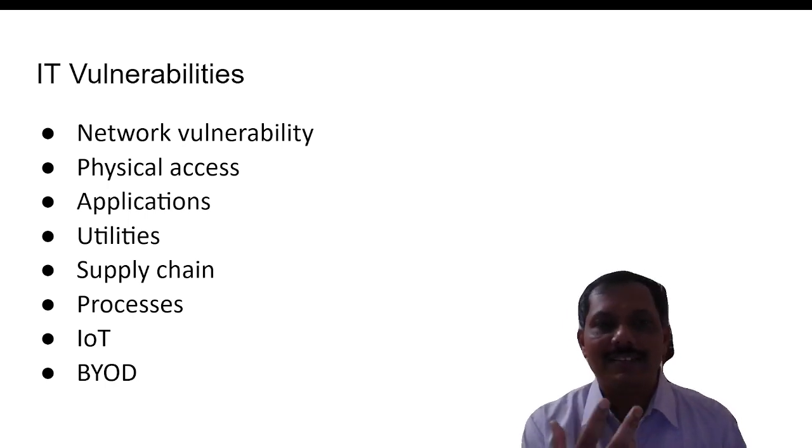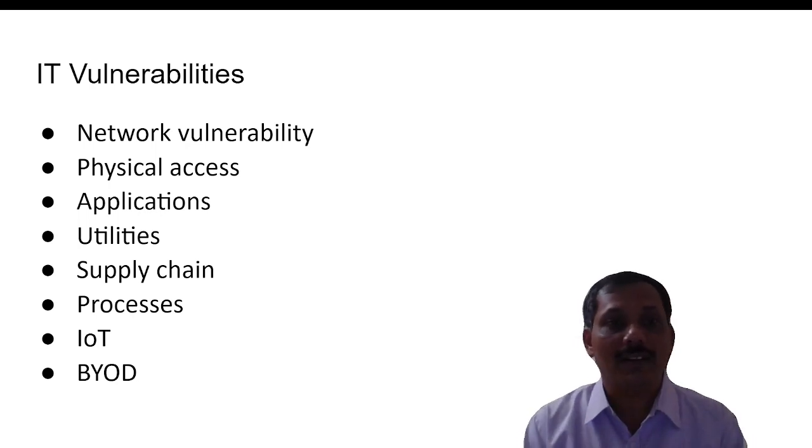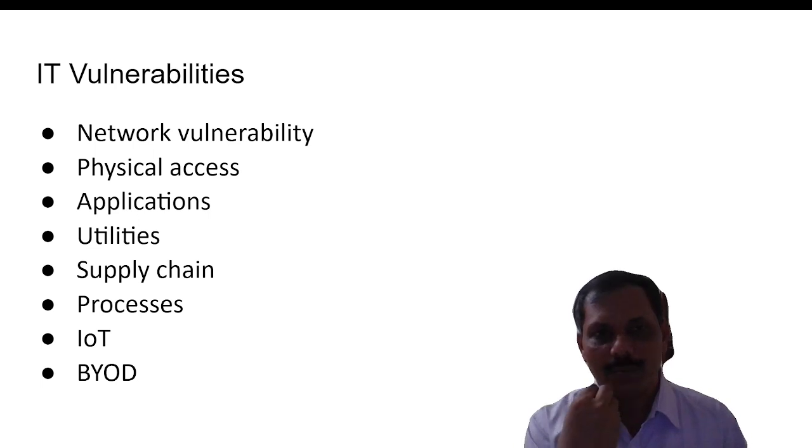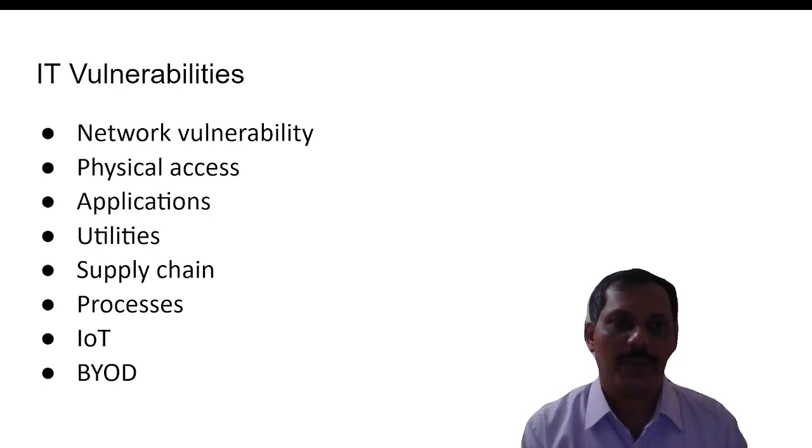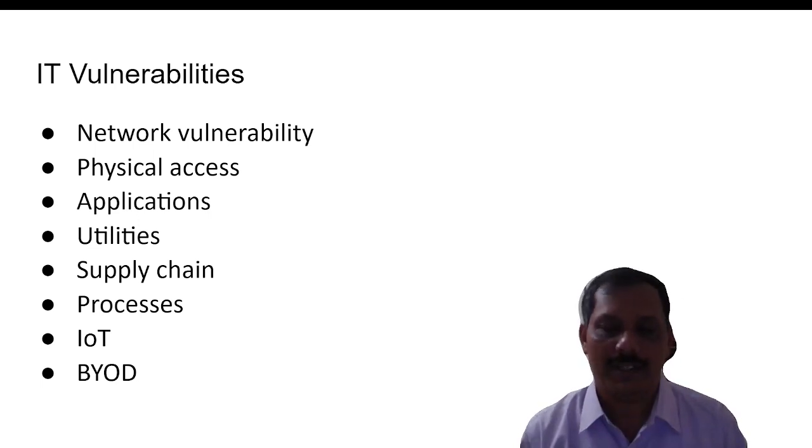There are physical access related vulnerabilities also. It does not come under IT security. But if you are IT security manager, then you should ensure that physical vulnerabilities do not exist. Let's take couple of simple and sample physical access related vulnerabilities.